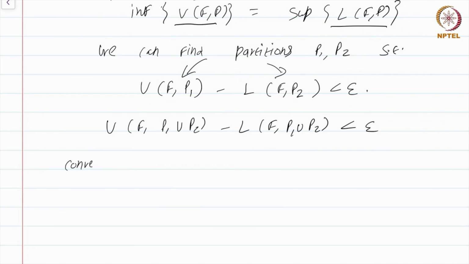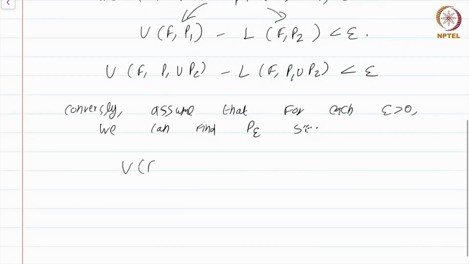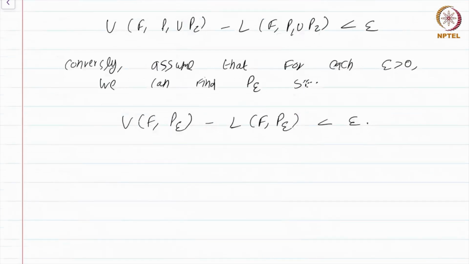Conversely, assume that for each epsilon greater than 0, we can find P_epsilon such that U(f, P_epsilon) minus L(f, P_epsilon) is less than epsilon.